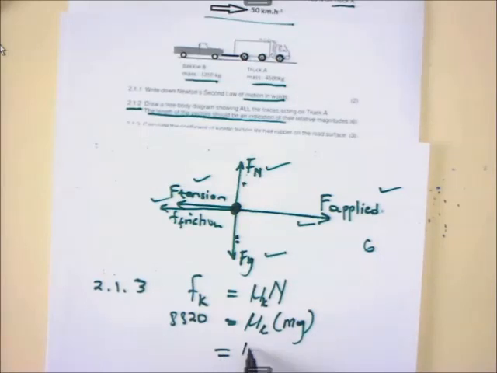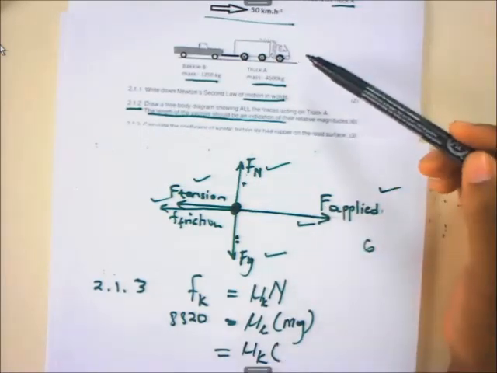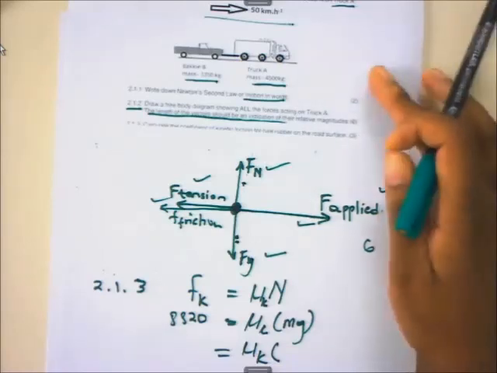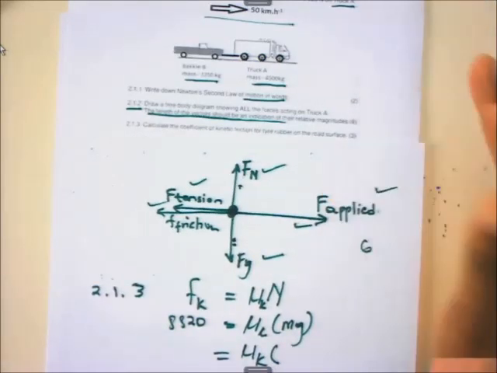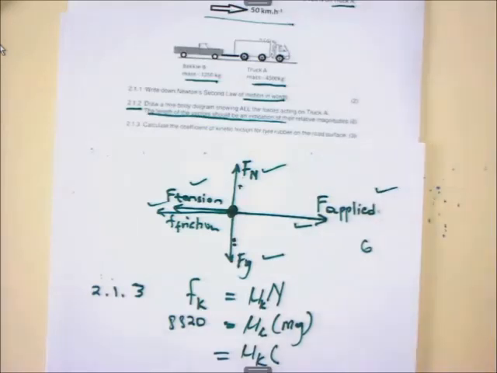So the mg, the mass of truck A, is what we need in order to calculate the coefficient of kinetic friction of the tire rubber on the surface. So we are going to use truck A: 4,500 times 9,8, and then we were given the friction, so the friction is 8,820.